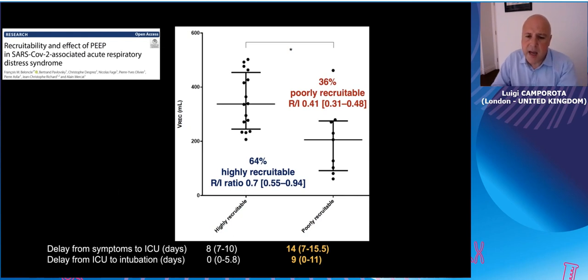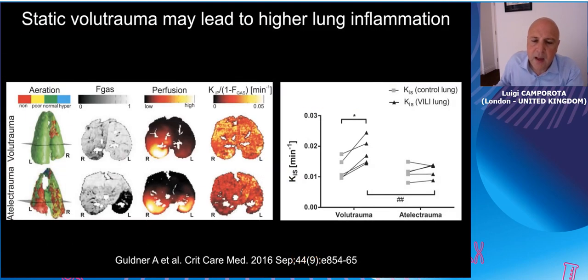And you can see there that when we do that kind of test, about 2/3 of the patients are highly recruitable, whereas 1/3 are poorly recruitable. And the ones that are poorly recruitable tend to stay longer in the intensive care, so longer delays from symptoms to ICU and longer delays from ICU to intubation. So that's quite important to understand.